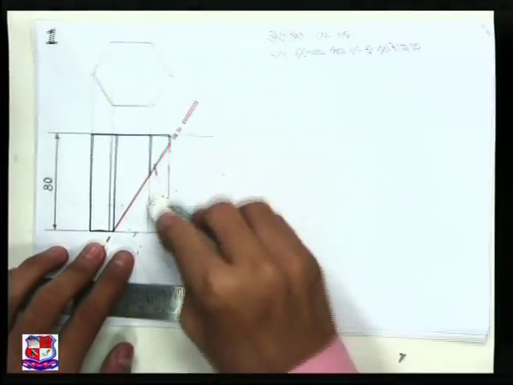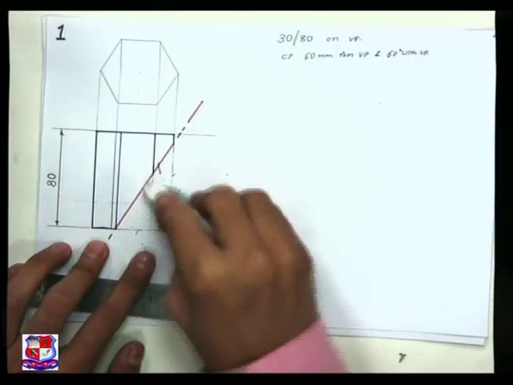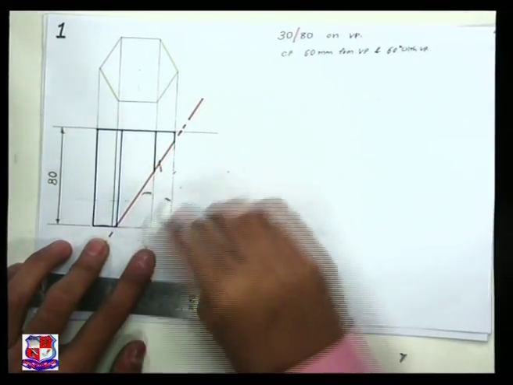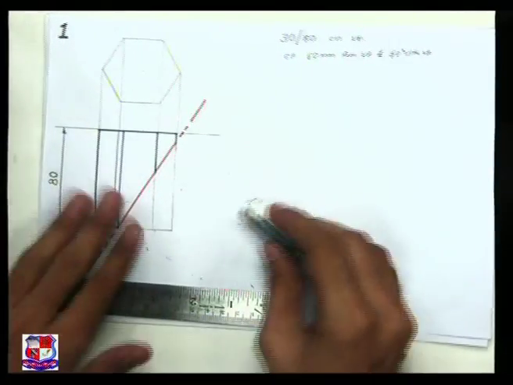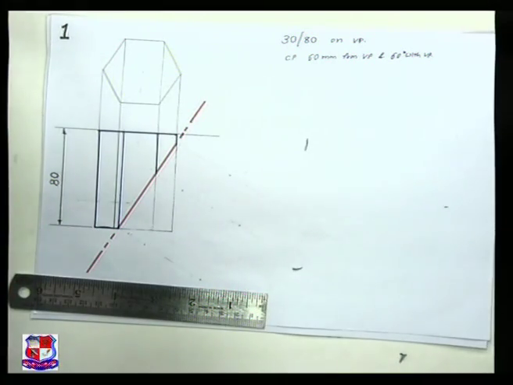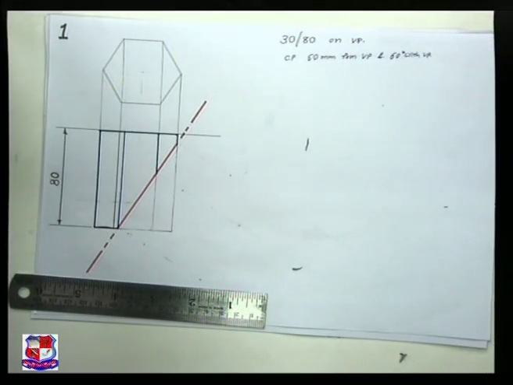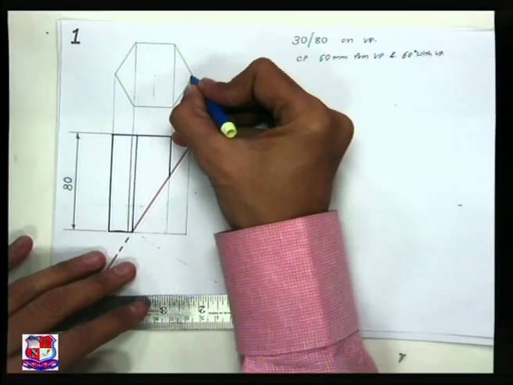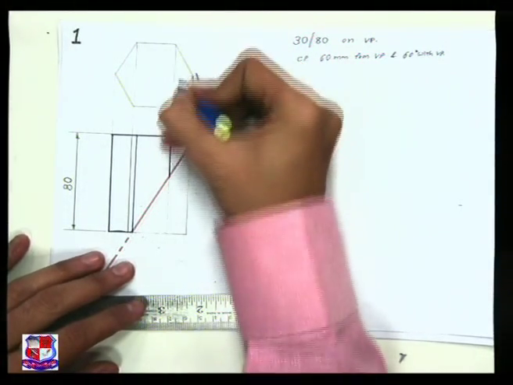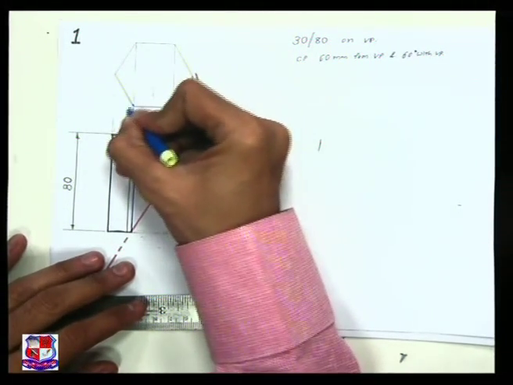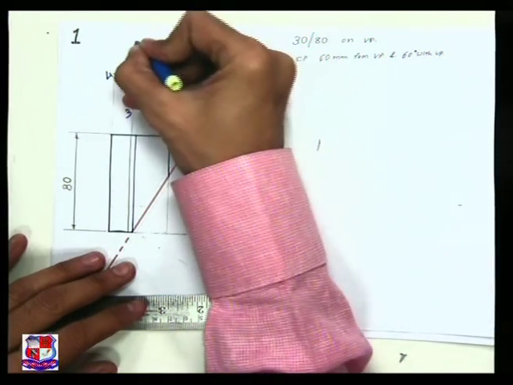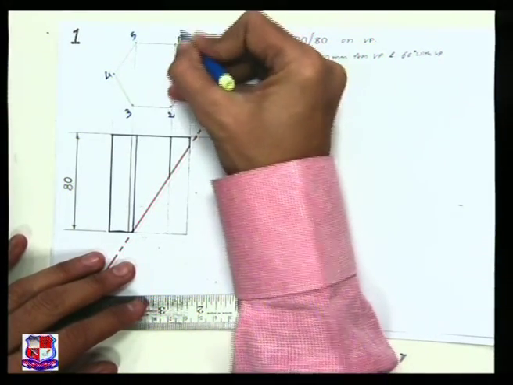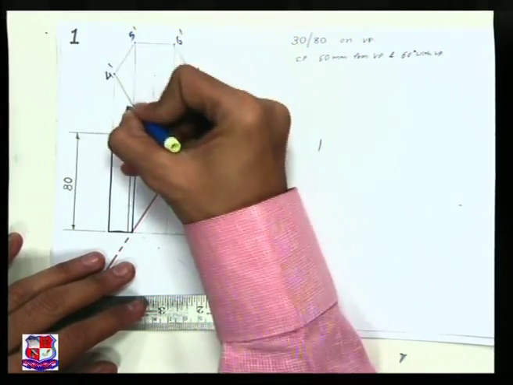Now pick up the points of intersection between these projection lines or these edges and the cutting plane. For that, let me name the end points. So here point numbers 1, 2, 3, 4, 5 and 6, and of course it is a front view, so dashes would be there.